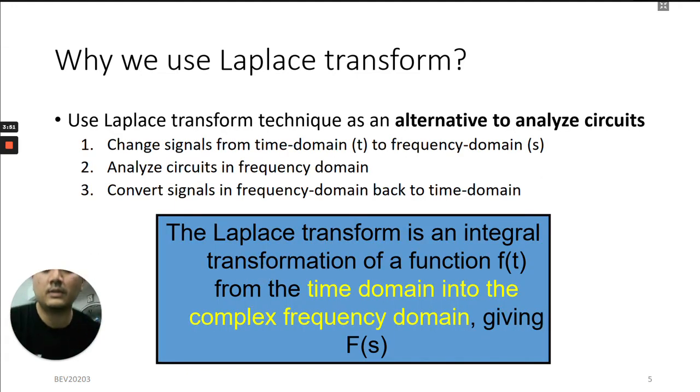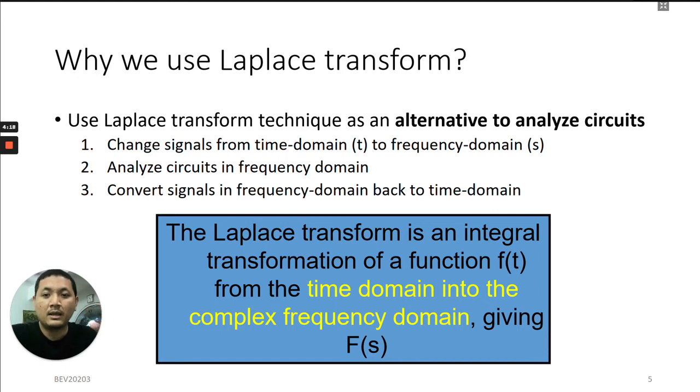So we use Laplace transform techniques as an alternative to analyze circuits. It says here, change signals from time domain to frequency domain. This is what Laplace transformation is about, changing the signals or the circuit from time domain to frequency domain. Then we analyze the circuit in frequency domain.